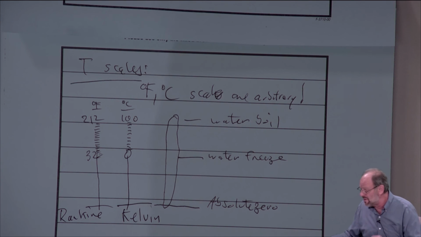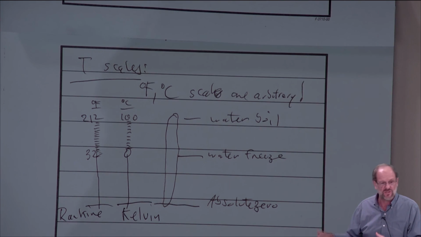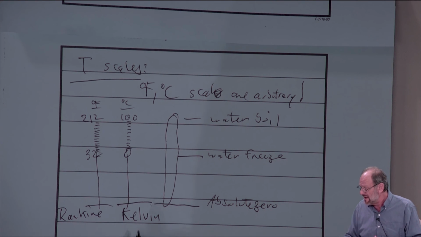We will use the Rankine scale whenever we would otherwise use the Fahrenheit scale. In other words, in the British system, we're going to use Rankine, and in the SI system, we're going to use Kelvin.